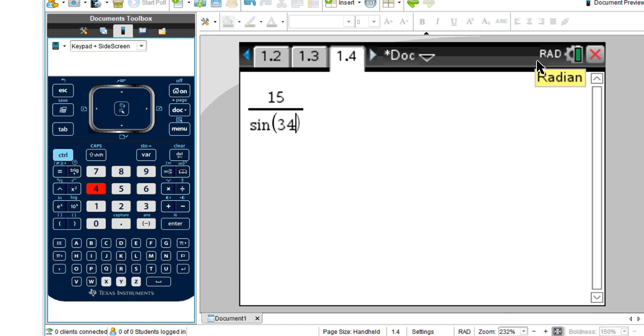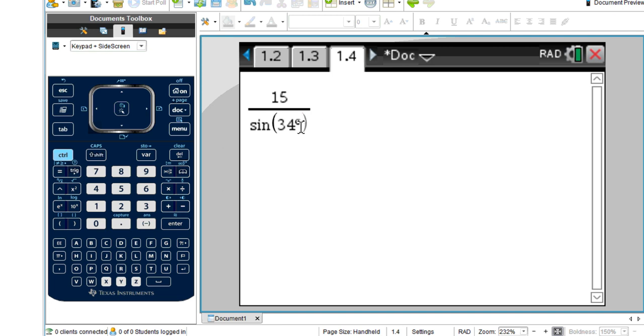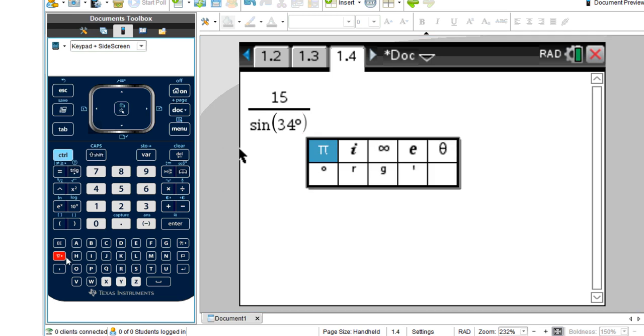Now, my calculator is in radians mode. I keep it there deliberately, to have my students consciously consider what's going on. So since we're in radians, I have to put that degree symbol, which I got by pressing this pi key and getting it here like this.